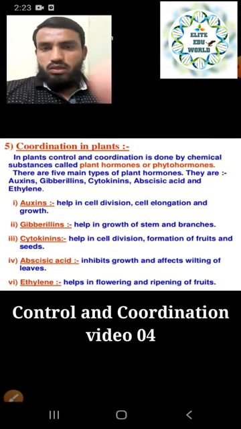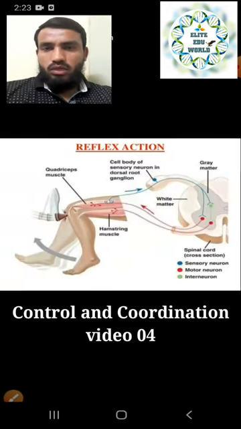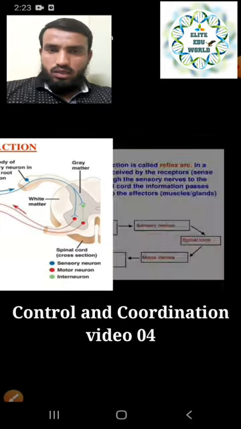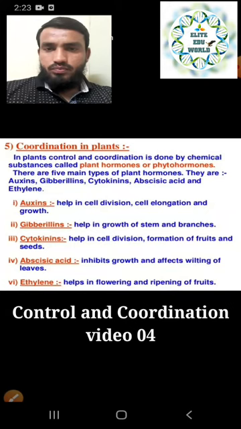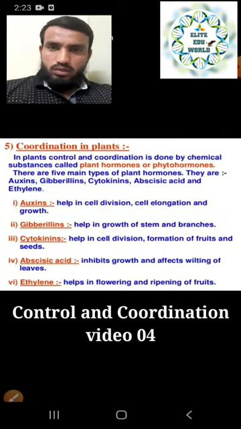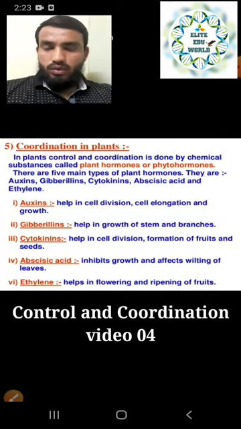Before, in all the slides we were talking only about coordination in animals, the organs and processes responsible, and how animals coordinate in their body to control themselves in such situations.